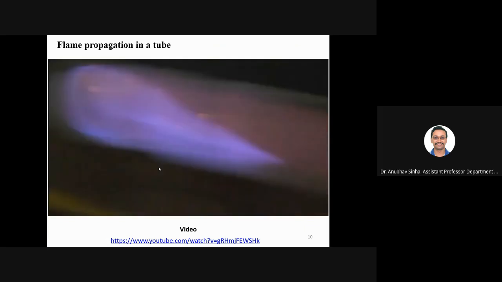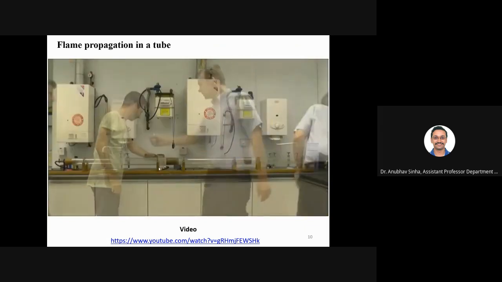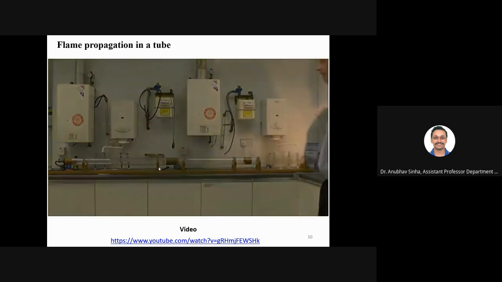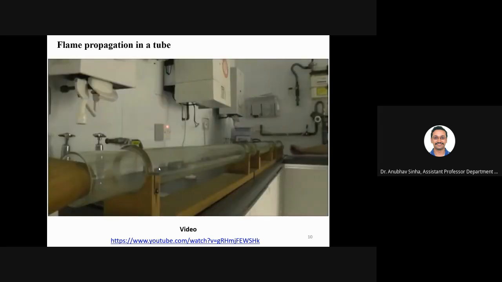So basically what we are seeing here is that there is stagnant gas in the tube and we are igniting at one end, and what is happening? The flame is traveling through the gas, right? This is what is being shown here.